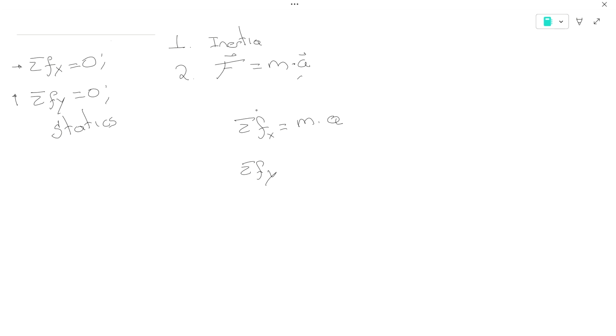But remember, the forces are vectors. Mass is not a vector, but acceleration is a vector. So when we go back and review vectors, we'll see that if you have a vector A with components, let's say A1 in I, A2 in J, A3 in K. Okay, I hope you remember this.